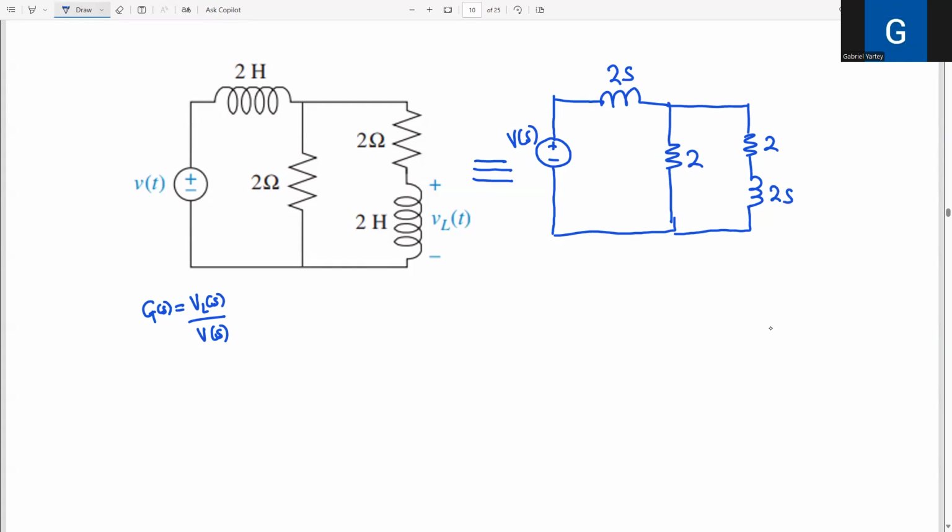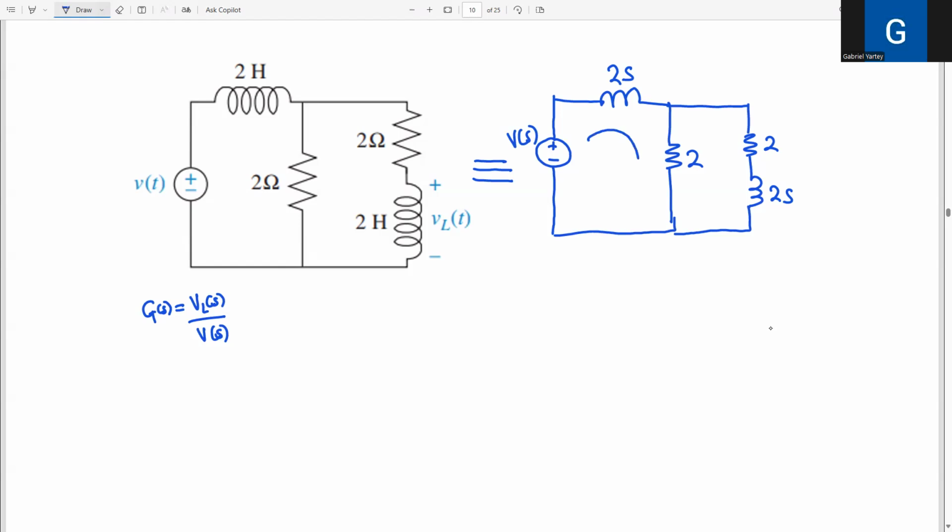Now you could use nodal analysis or mesh. But I'm used to the mesh, so I'm going to go with the mesh. You can also try with nodal analysis and see if you can arrive at the same answer.